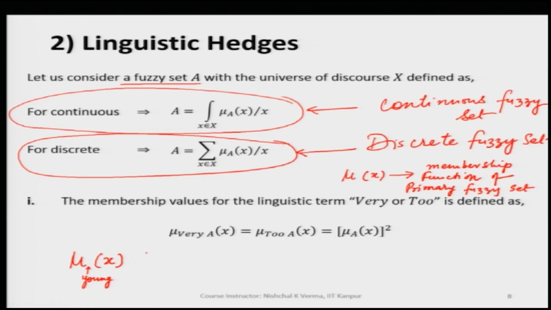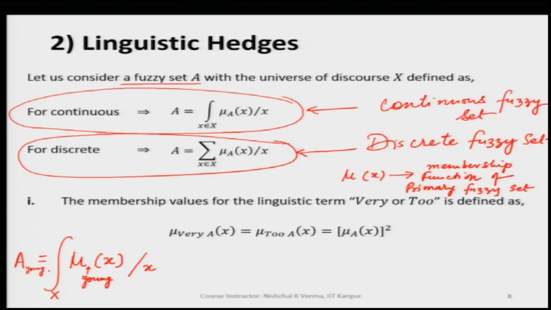It means we have a fuzzy region or fuzzy value which is represented by a fuzzy set A, and this A is for young. So, mu x here is a membership function, and this is for the primary fuzzy set, primary region, primary term.